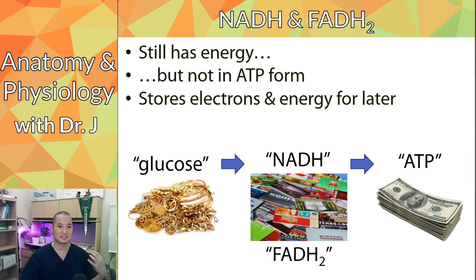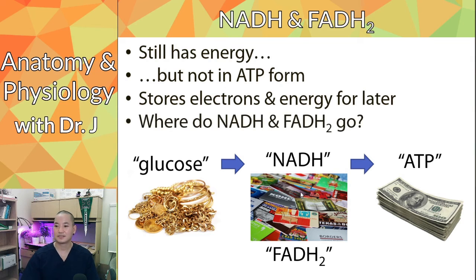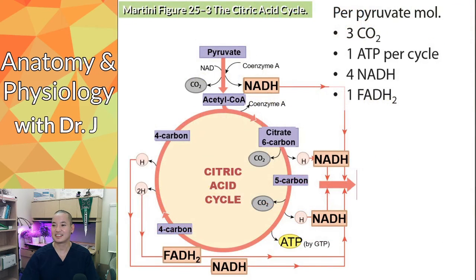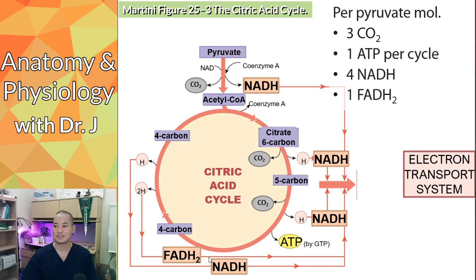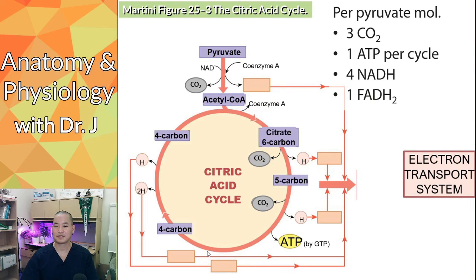Because again, your cells can crank out a bunch of ATP, but it's not going to last very long in your body because ATP is inherently unstable. So where do NADH and FADH₂ go? They come from the citric acid cycle. We generated a bunch of NADH and also FADH₂, and they go into the electron transport system. So this is where they go.